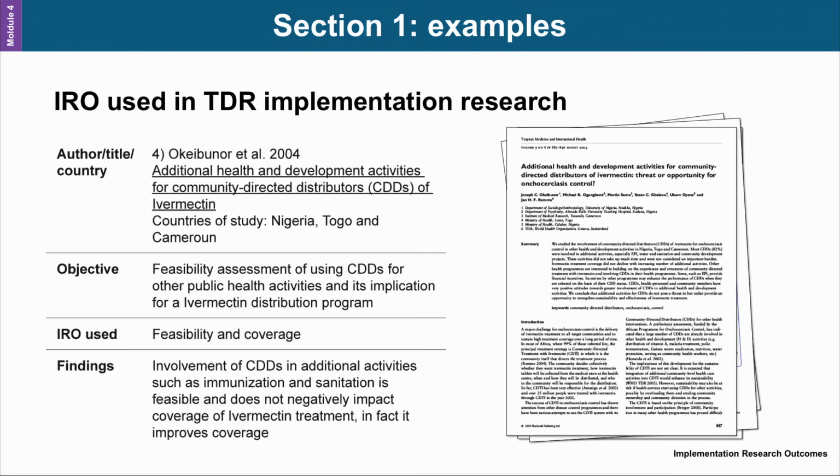That is to say, does the proportion of people that received ivermectin change with the inclusion of additional tasks for these community distributors? So at the end, they concluded that yes, involvement of these community-directed distributors in other public health activities did not have any negative impact on the ivermectin control program.